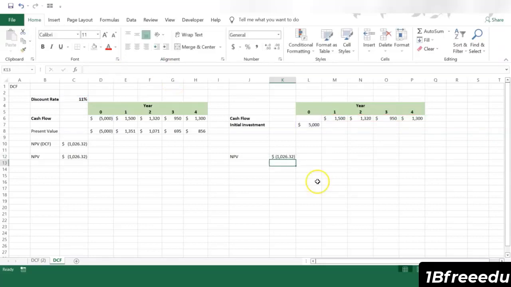It's the same formula, everything works the same, but you need to be careful when writing your table how you write this initial investment, as a negative or as a positive number. But however you calculate it, we obtain the same result. Our net present value is negative, and we should not proceed with this project.